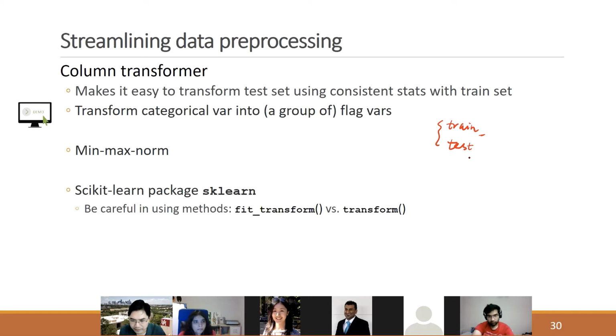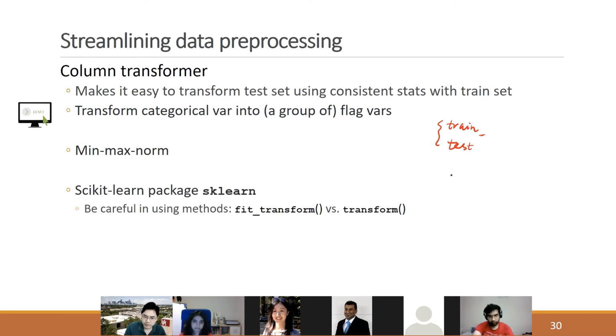That's a real benefit, that you don't have to repeat the same steps for the training set on the test set. Otherwise the process becomes very cumbersome. With column transformer, it's much easier.